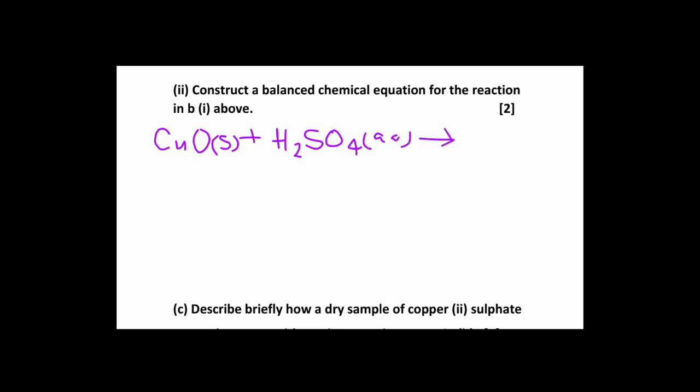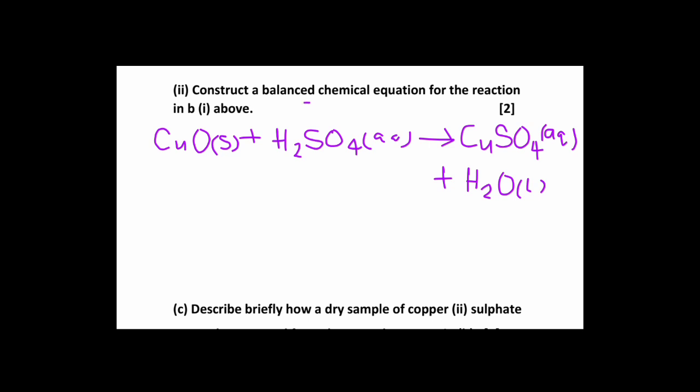What is going to be formed? We are going to form copper 2 sulfate in aqueous state plus water in liquid state. This is our chemical equation.